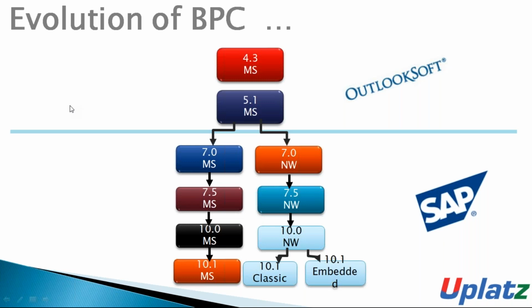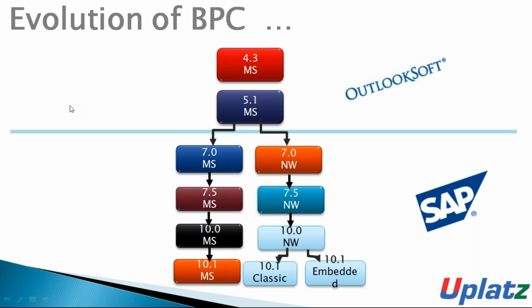Currently there is no force of migration to 11.0, and the major difference in 11.0 when compared to 10.1 is that it is mandatory to use HANA database as a database layer in 11.0, but there is a flexibility in 10.1 to use any other database versus HANA database. So that's the major difference there.